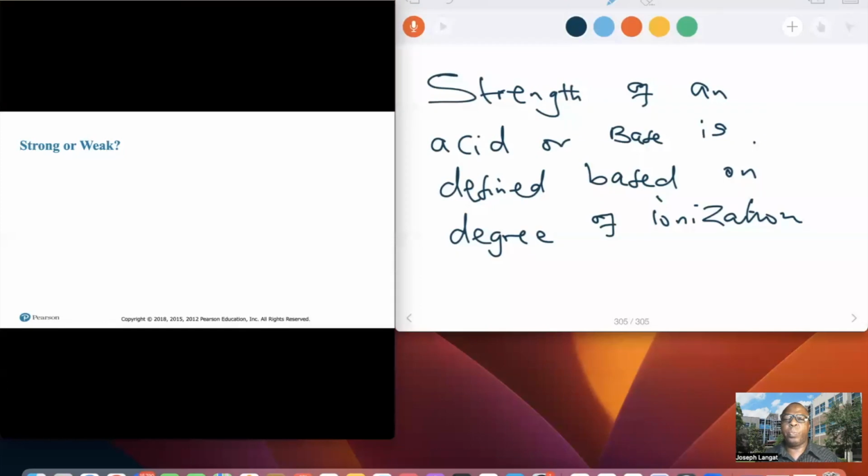In other words, you may have a concentrated weak acid. So do not confuse the strength with the concentration. You can have a concentrated weak acid, or you can have a dilute strong acid. So strength has nothing to do with the concentration. The strength of an acid is defined based on degree of ionization.